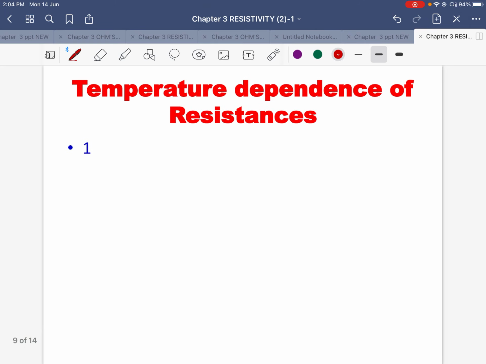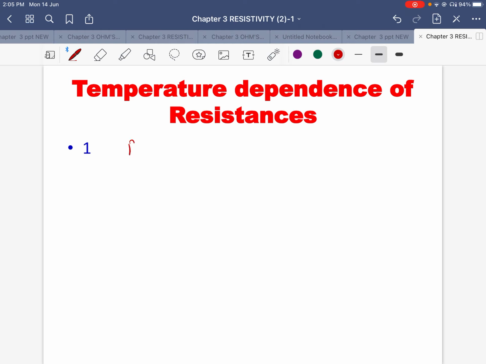Next is temperature dependence of resistance: how the resistance of different materials like metals, semiconductors and insulators depends upon the temperature. In order to find this relation, we have to write the relation between resistance and temperature.